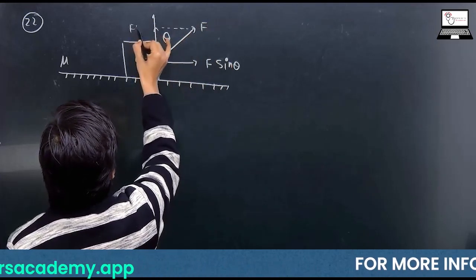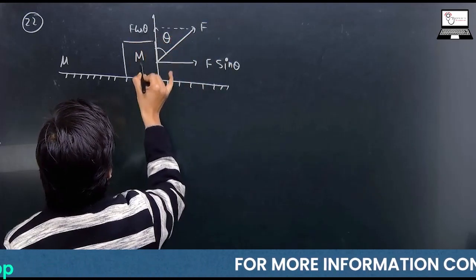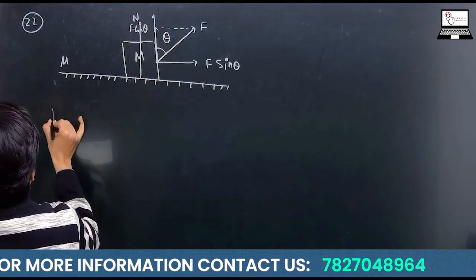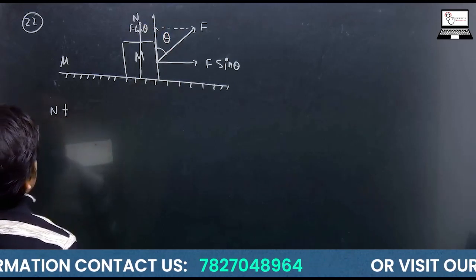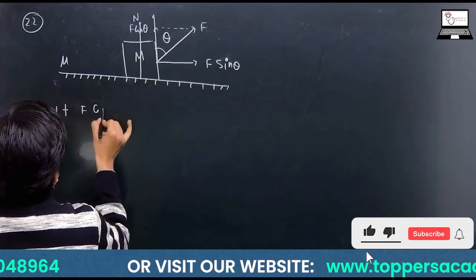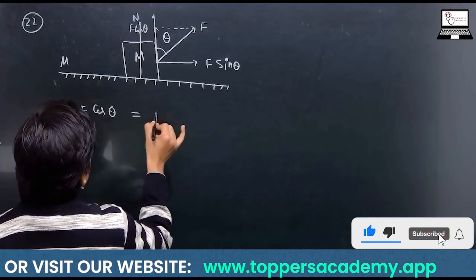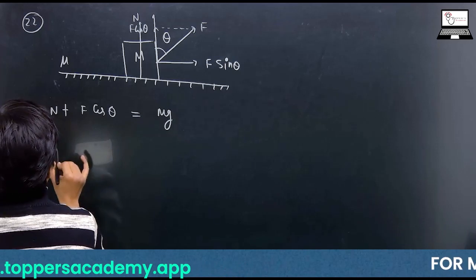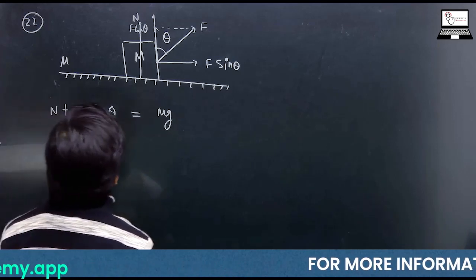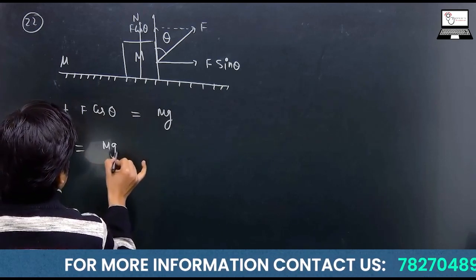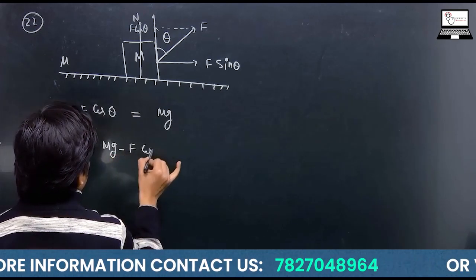Normal reaction acting, that is N. So I can write that N plus F cos theta is equal to mg. From here, you can write that the normal reaction is equal to mg minus F cos theta.